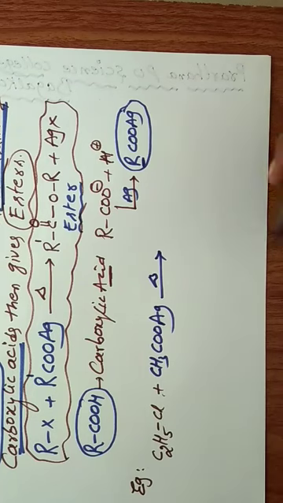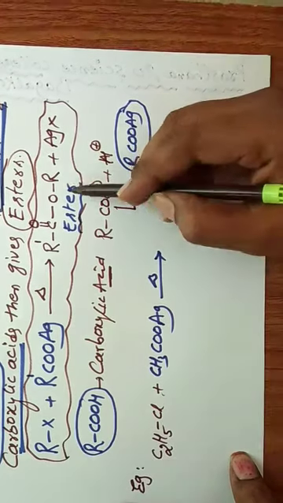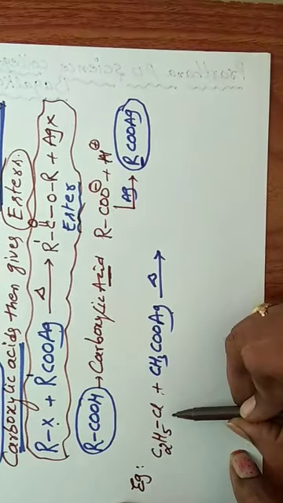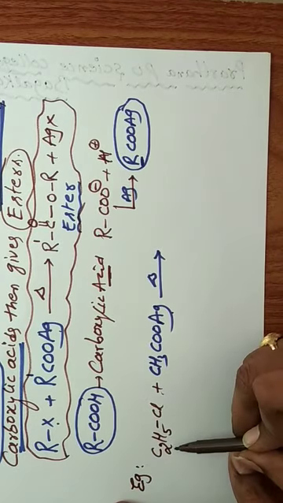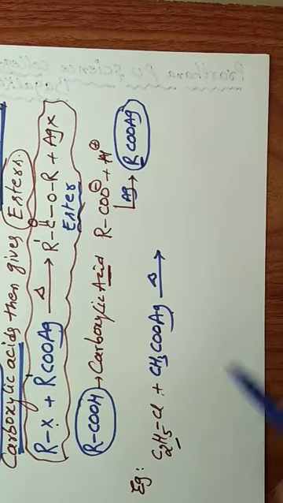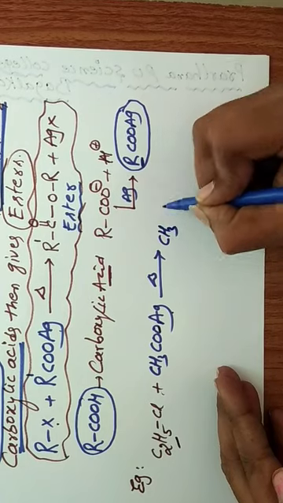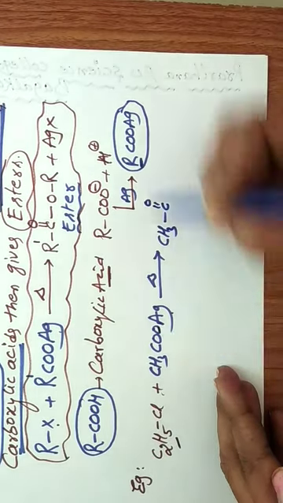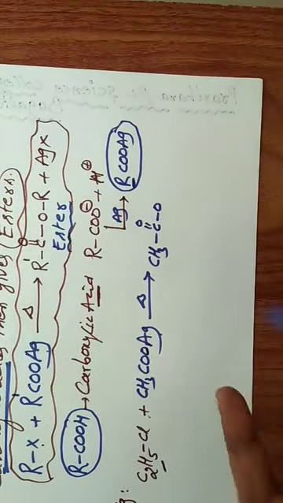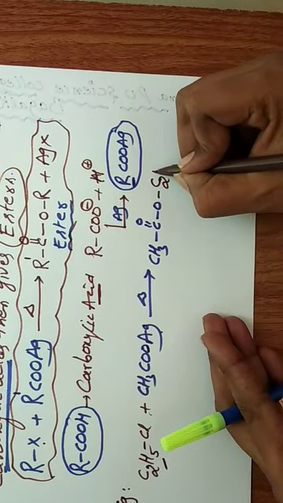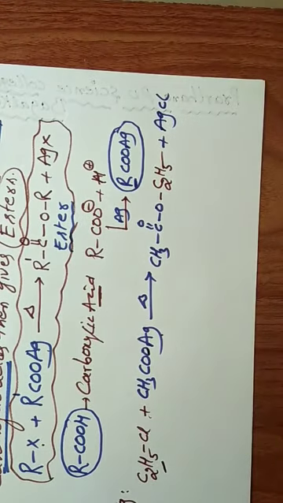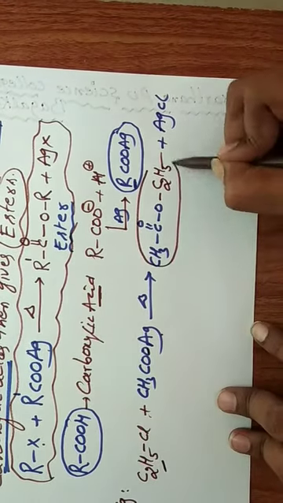According to this principle, AgX, here silver and chlorine, is removed. C2H5 is directly attached to this oxygen. Then what do we get? CH3 C double bond O is the same, and instead of Ag we put C2H5, plus AgCl. So here we get this ester.